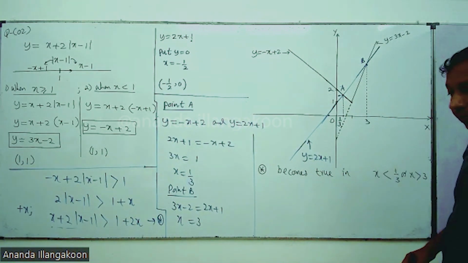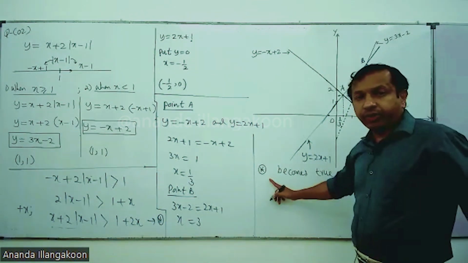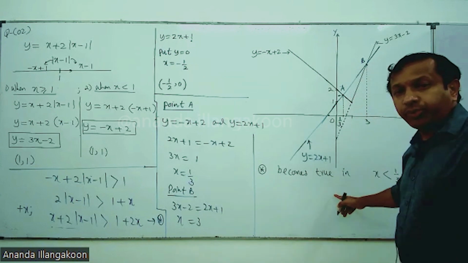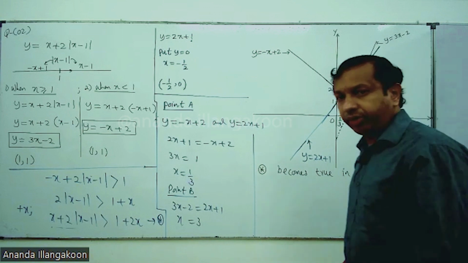Okay. Therefore, in the final answer you must write that the given inequality becomes true. Write this interval again. That's how we take the answer.